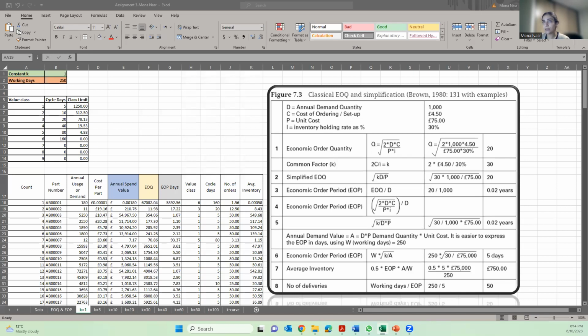Now we are going to calculate everything, and in each step we consider K, as you can see here in the sheets: K1, K5, K10, K20, 30, 40, 60, 80, and 100.